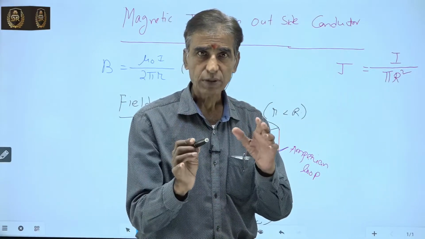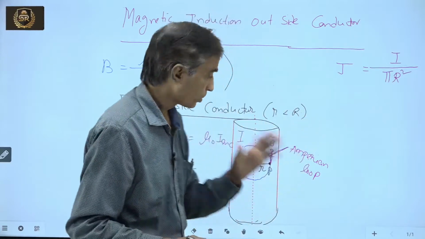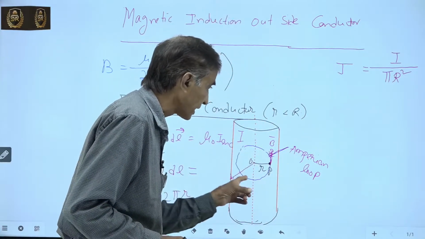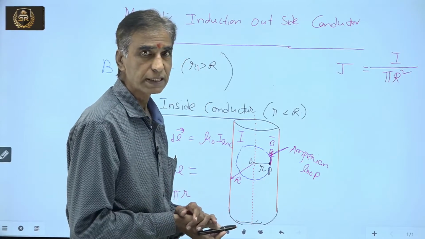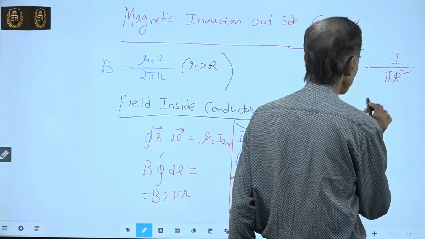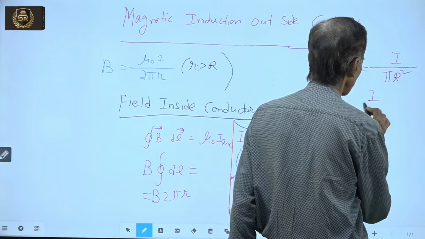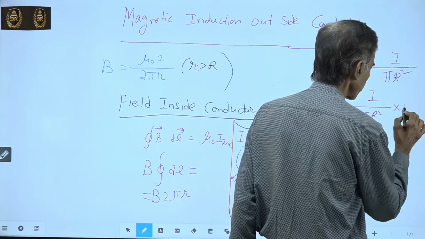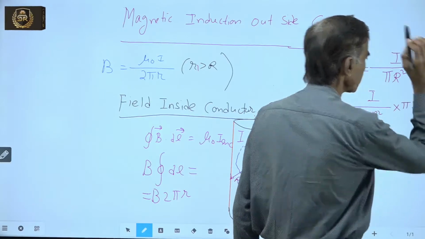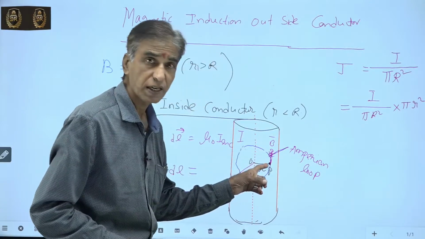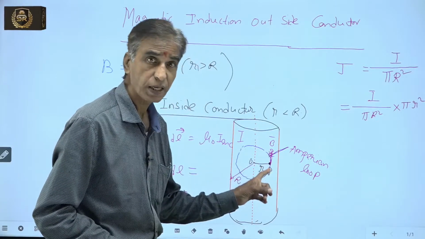So, what is the current enclosed now? J into the area of our Amperian loop. Therefore, that is equal to I upon pi R square into pi into small r square, because the radius of our circle is small r.